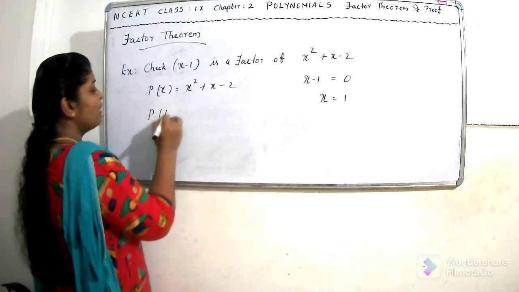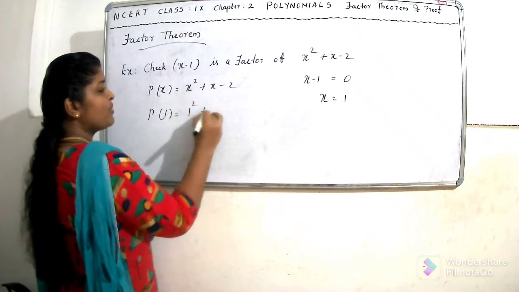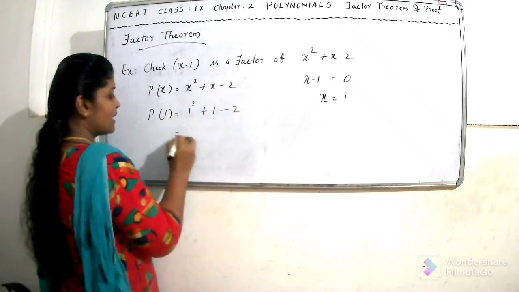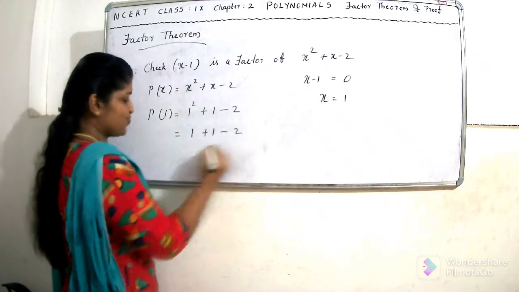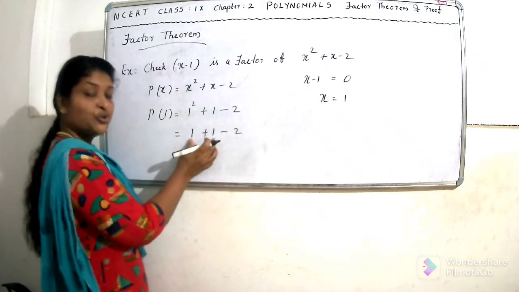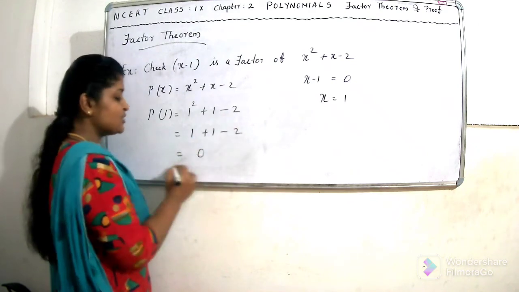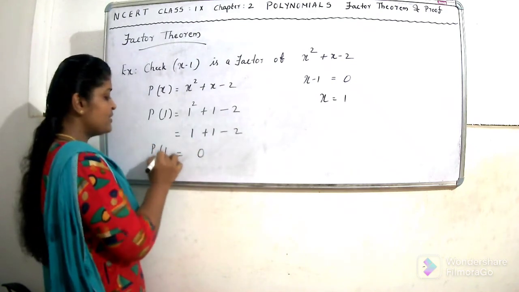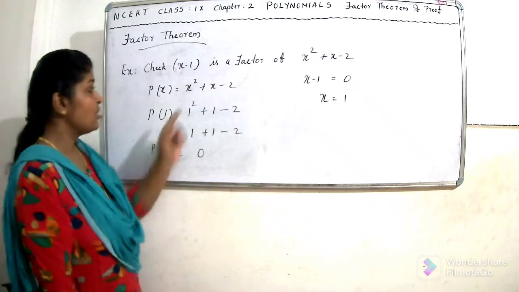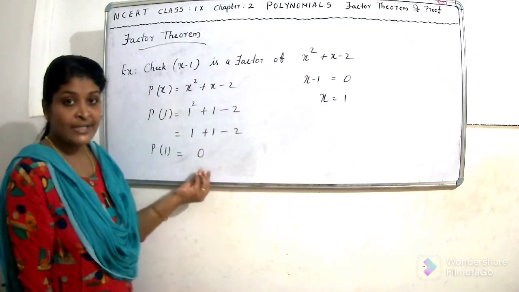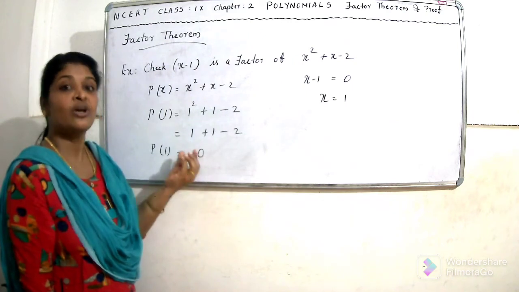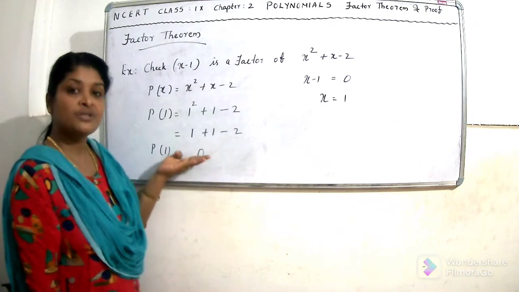So p of 1 is equal to 1 square plus 1 minus 2. That is equal to 1 square is 1 itself, plus 1 minus 2, equal to 1 plus 1 is 2, minus 2, that means 0. That means when we substituted 1 in this polynomial, we got the answer, and we know that answer is the remainder. So here the remainder is 0.